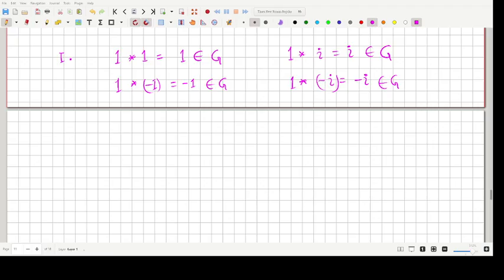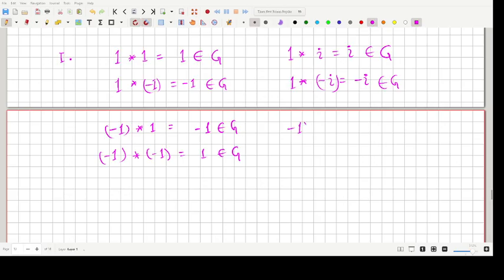Cool. Now let's look at -1, right? So -1 multiplied by 1 is -1, that belongs to G. Then -1 star -1 is equal to 1, that belongs to G. G contains 1, -1, i and -i, right?